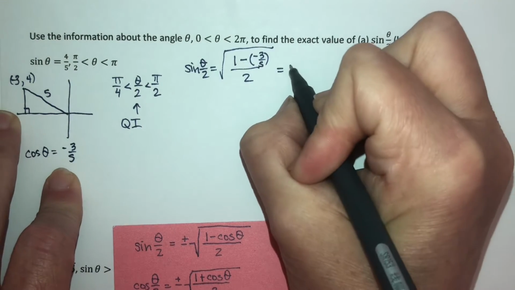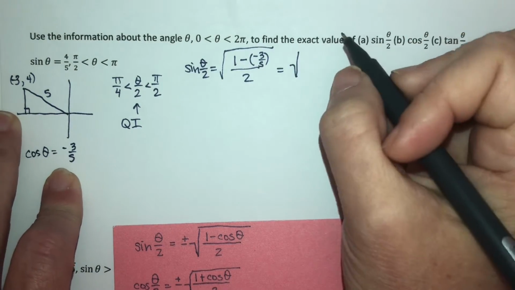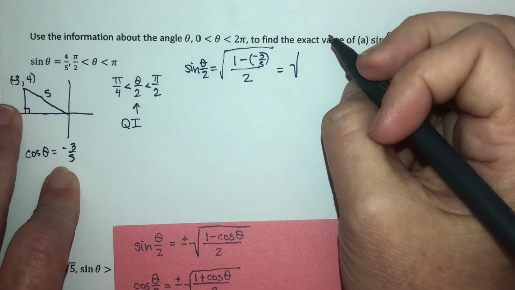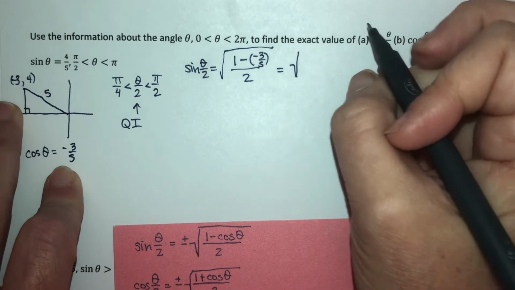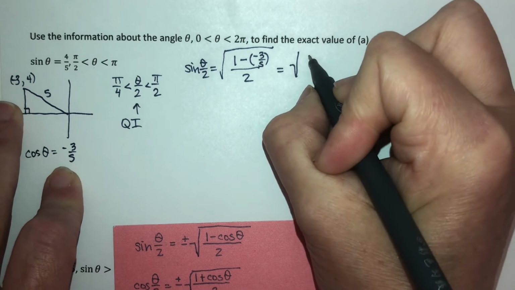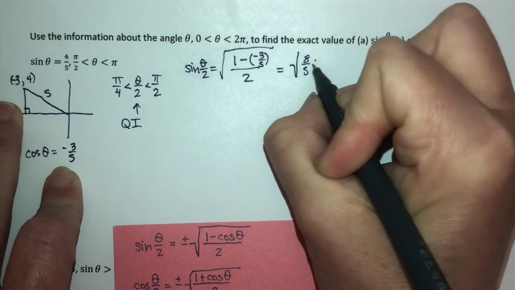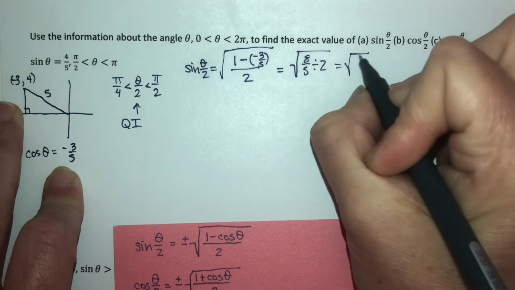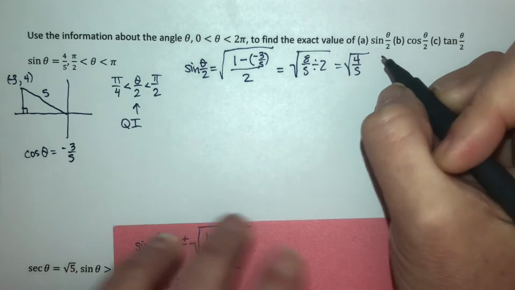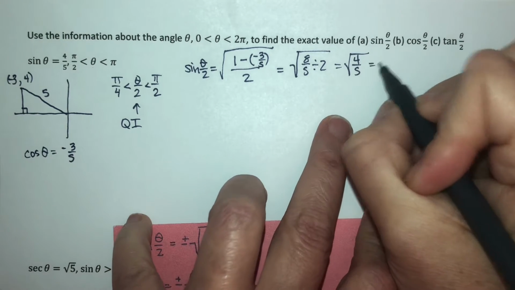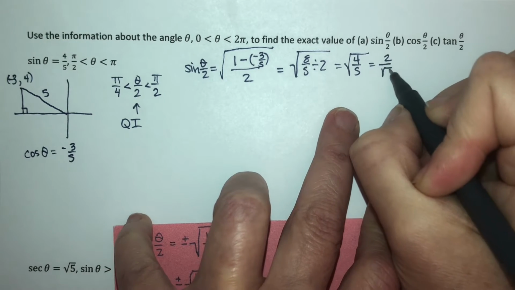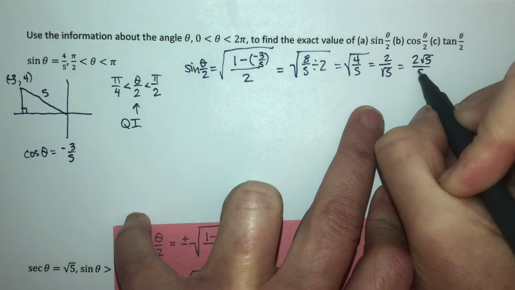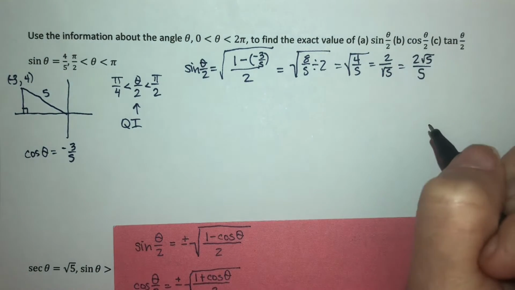So you end up with the square root of 1 minus -3/5, which is 8/5, divided by 2, which will be the square root of 4/5, which is 2 over the square root of 5. And then when you rationalize that, you get 2 square roots of 5 over 5. And that's the answer they'll be looking for.